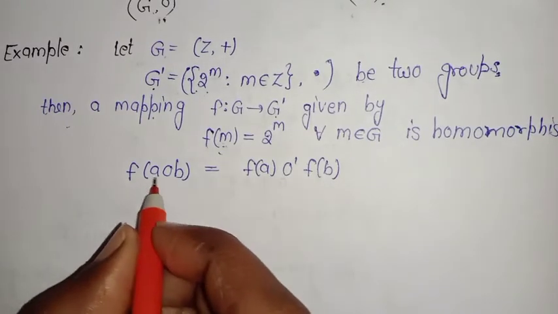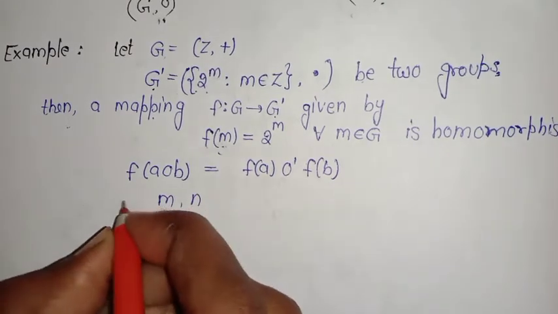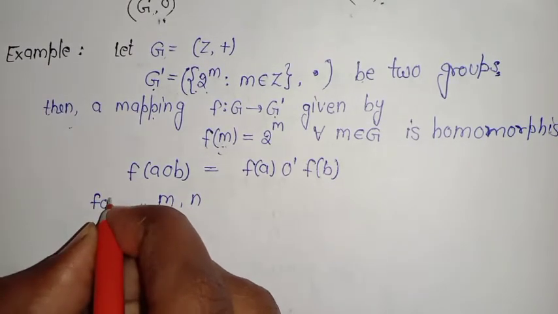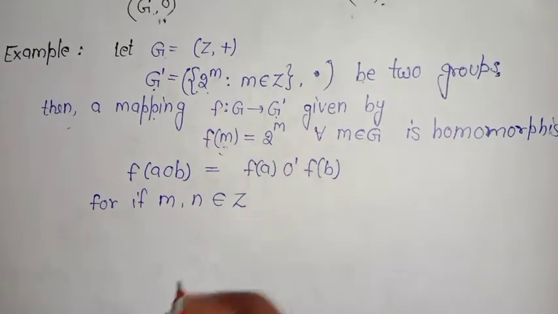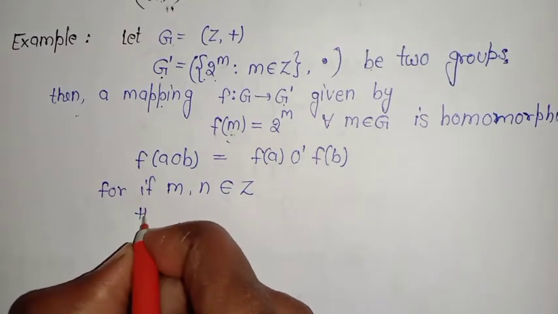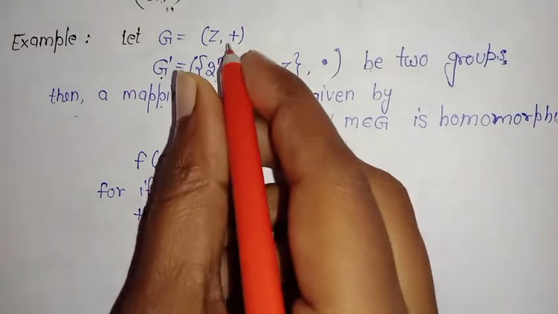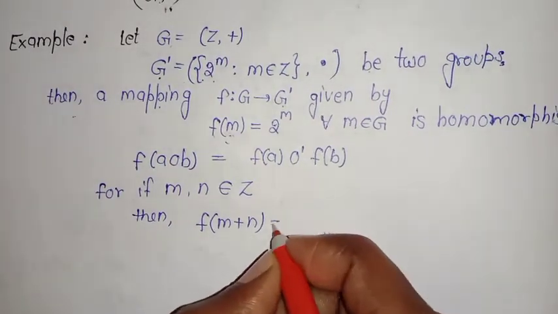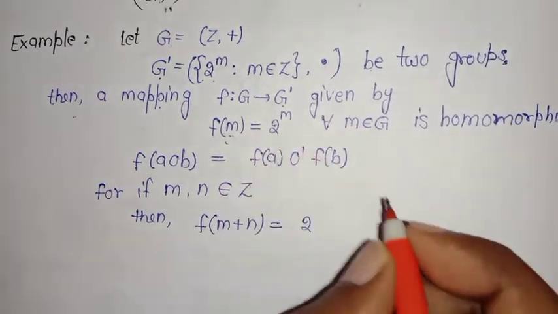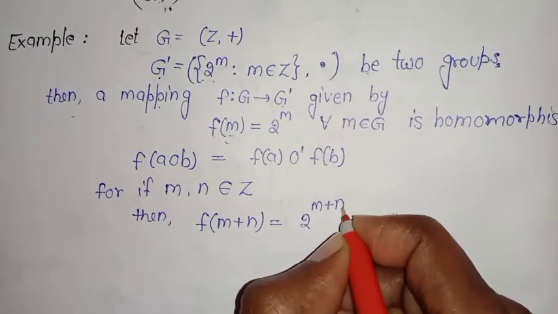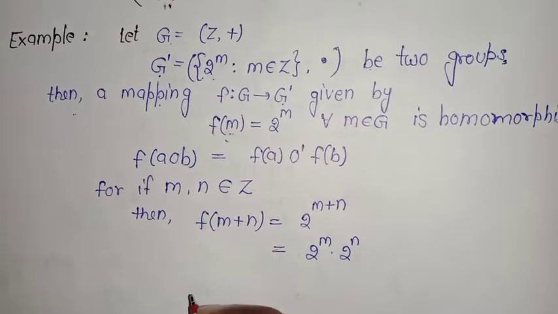Firstly we have to take two elements of the first group. So I am taking m and n, two integers, for any m, n belonging to the first group Z. Then we apply the homomorphism condition, f(m + n), because the binary operation for the first group is addition. That will be equal to 2 raised to power m + n, and we can write it as 2^m times 2^n by using the property.